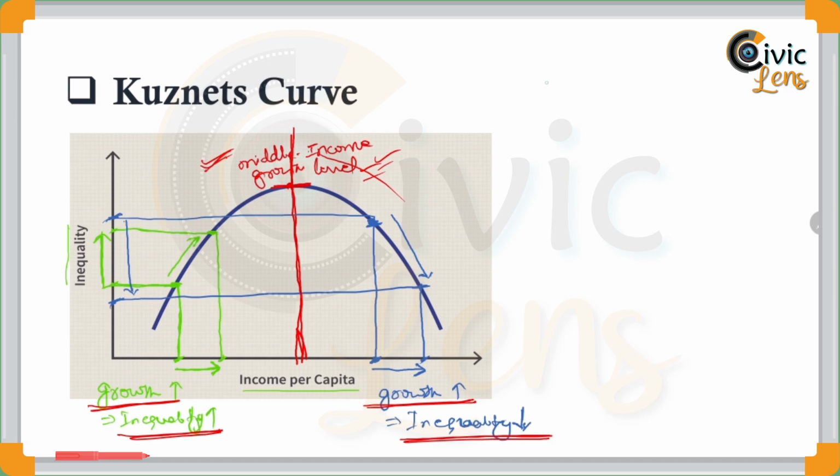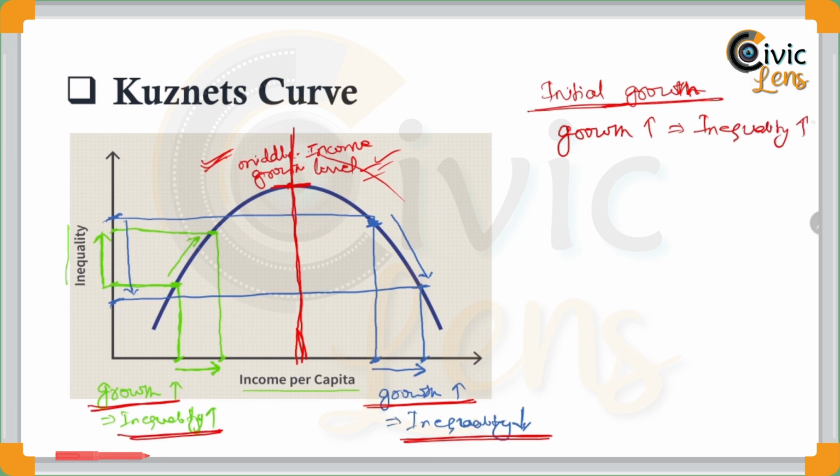It says that when an economy is starting its growth path, you can actually divide it in 3 parts to understand it better. So initial growth, in the growth path, what will happen? With growth increasing, inequality will also increase.